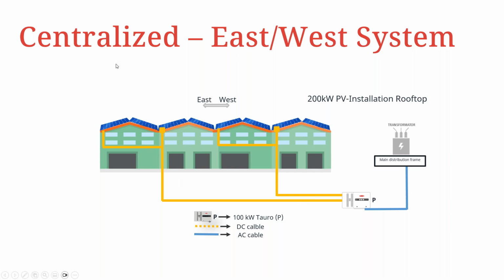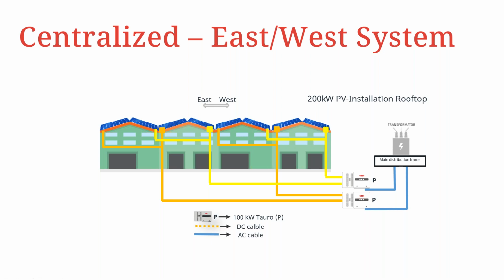This is a centralized system, so it means that the power is collected from the modules using DC combiner boxes, and then channeled to a centrally located inverter system. So this is basically for all modules facing east. The same thing would also be done for all modules facing west. And then these can be collected to centrally located inverters, which is where it gets the name centralized inverter topology.